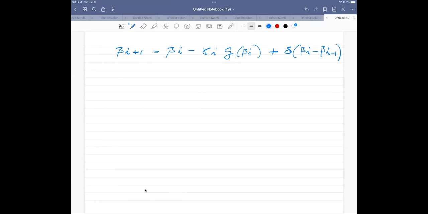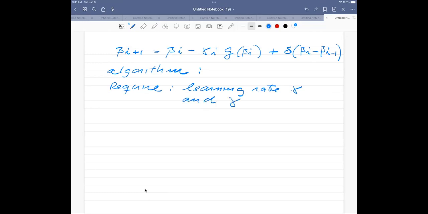And what we would have then is an algorithm which runs as follows. So the algorithm: we would require the following things. You require a learning rate, gamma, and a momentum parameter or memory parameter, delta.